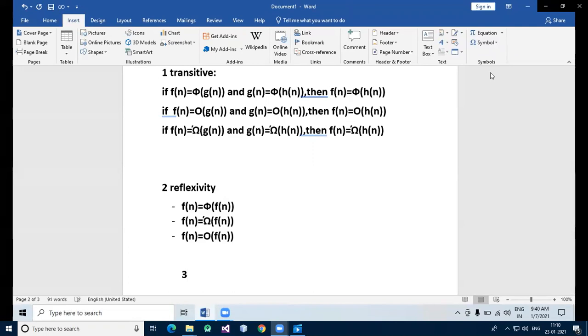Then the third one, let's see, symmetric.